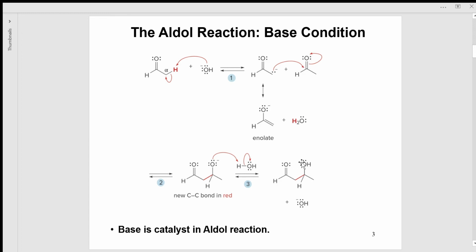This is why we have the Aldol condensation reaction in base condition. The base serves as a catalyst because in the beginning we need one molar equivalent of base, and finally we regenerate the base we used during this reaction. That's why base is the catalyst in this process.